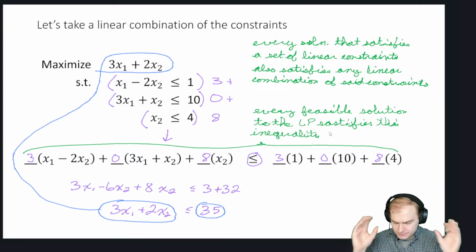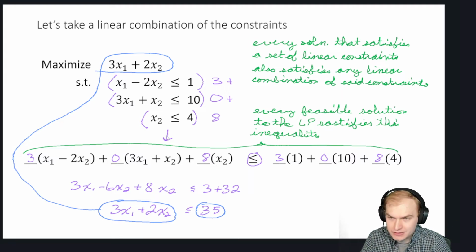What that means is that any solution that satisfies this set of constraints also satisfies this constraint. And this constraint happens to have its left-hand side equal to our objective function. And that implies that any feasible solution has an objective function value at most 35.